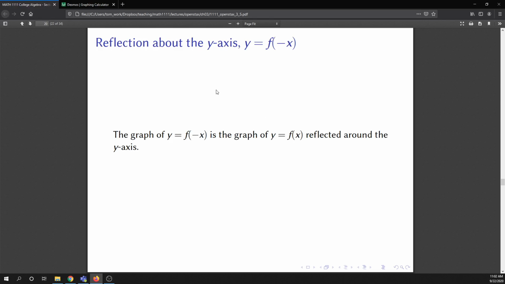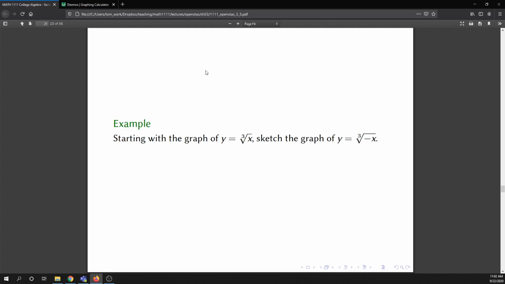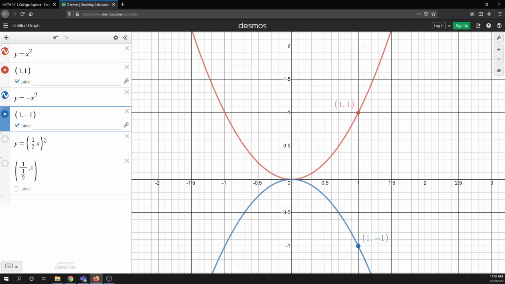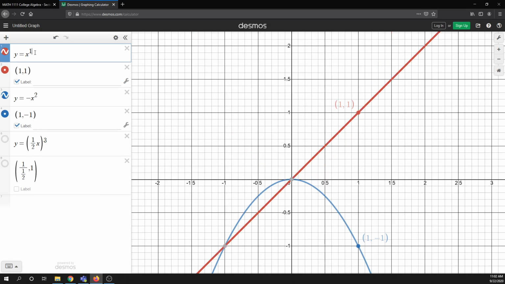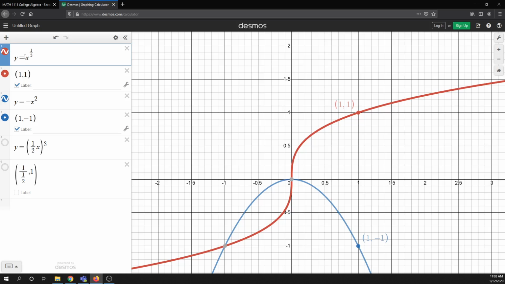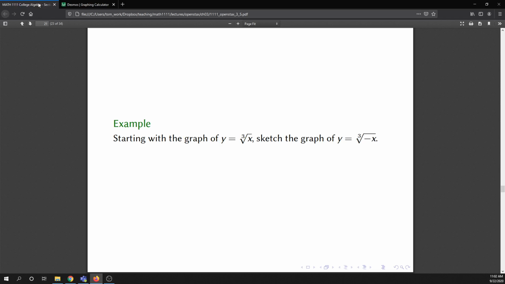And then the final one is where we replace x by -x. And that's the one that's going to reflect y equals f of x around the y-axis. In this case, I use the cube root of x, which is x to the 1/3. All right, so that's what the graph of the cube root of x looks like.